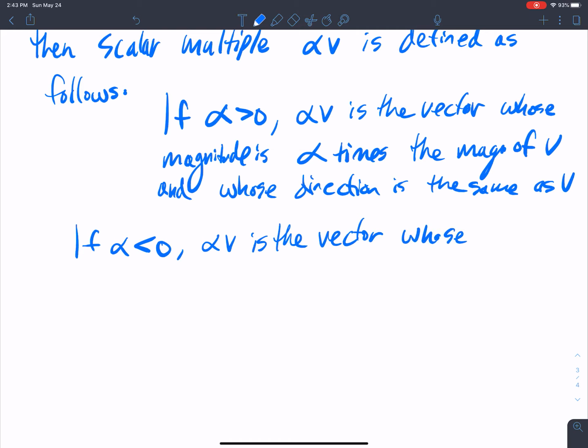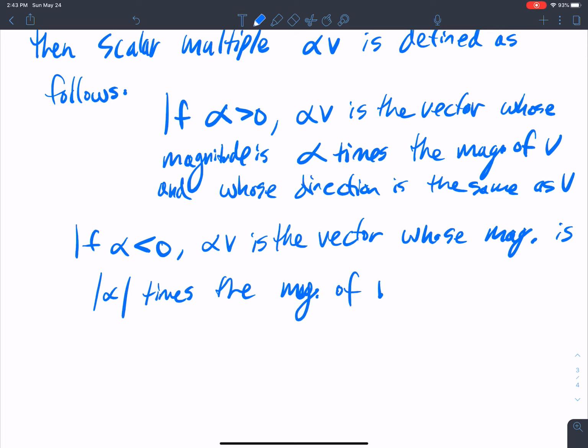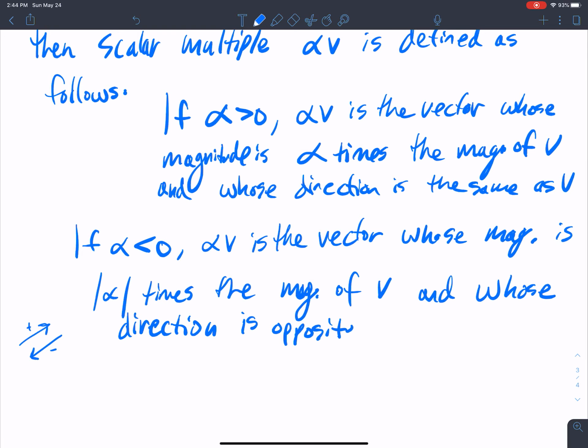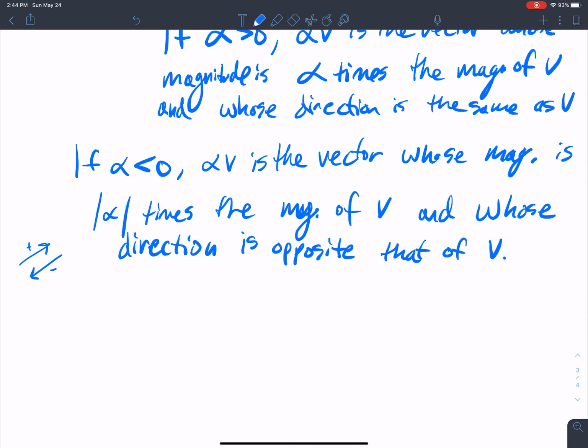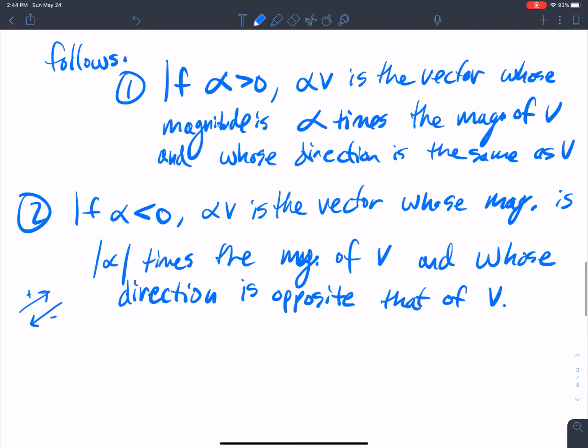However, if alpha is less than 0, alpha V is the vector whose magnitude is the absolute value of alpha times the magnitude of V, and whose direction, now remember the negative number takes my vector and turns it in the opposite direction, is opposite that of V. So we have 1, 2, and 3.